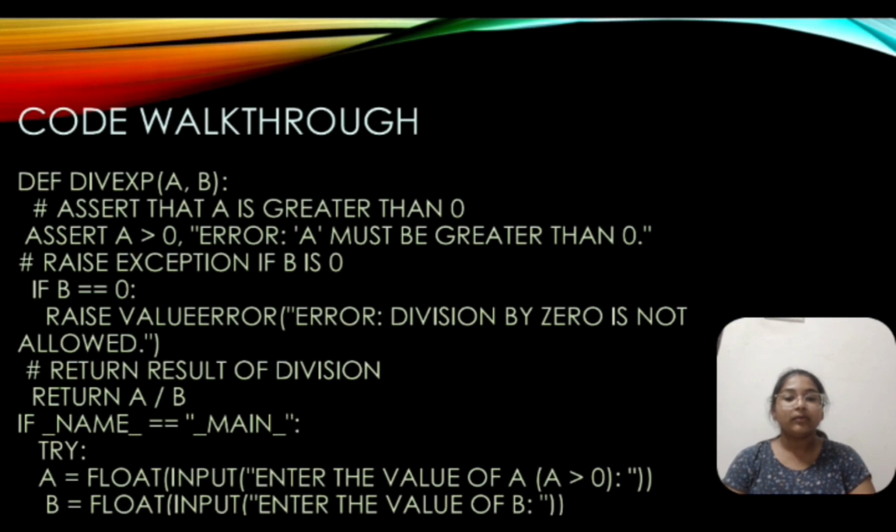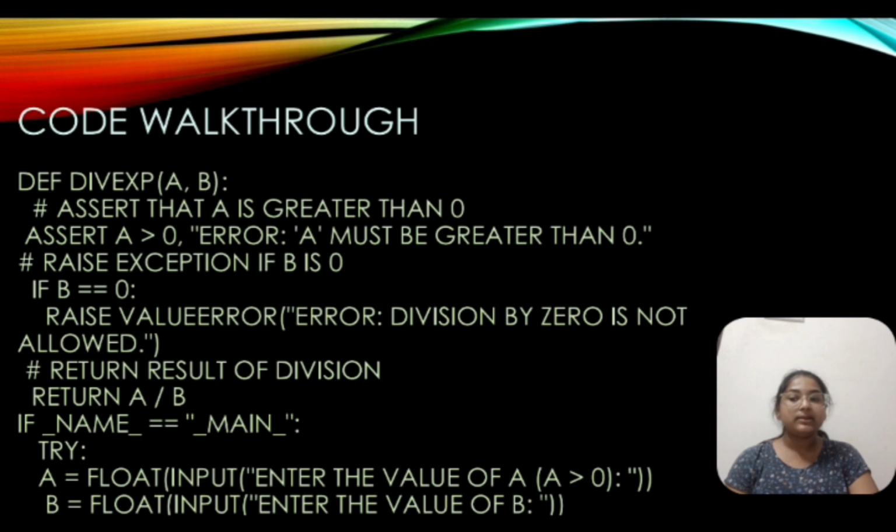Next is the code walkthrough. Here we are seeing the program based on my topic. So first we have to define divx of a comma b, that is def divx(a, b): with a colon. Next we have to assert that a is greater than 0.